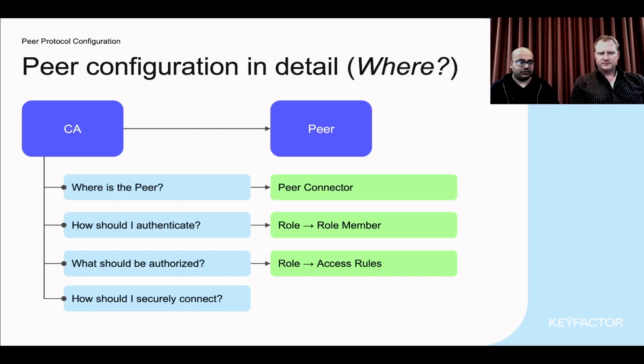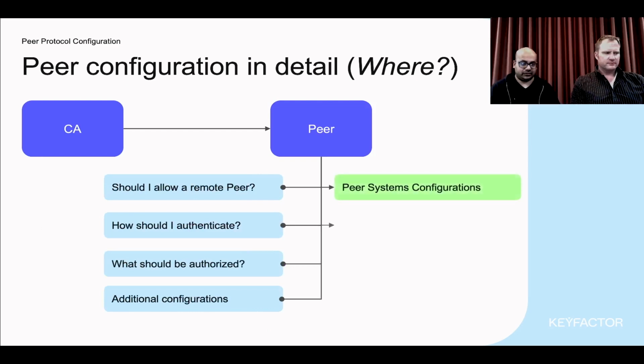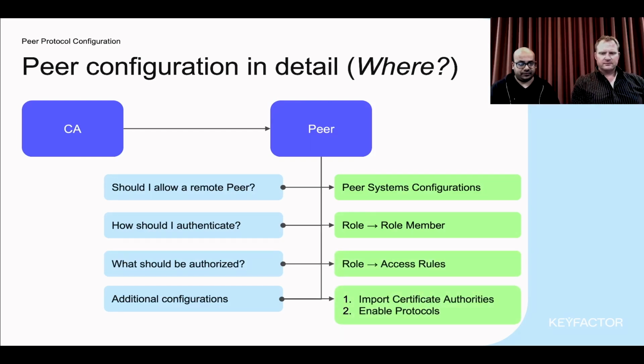And similar to this, on the peer side, you are allowing a peer connection from the outside. So that's why this peer system configurations page comes into the picture. It is the same page as before. This time you also revisit the same page, roles and access rules, but in the peers, so that the CA can access the peer properly.